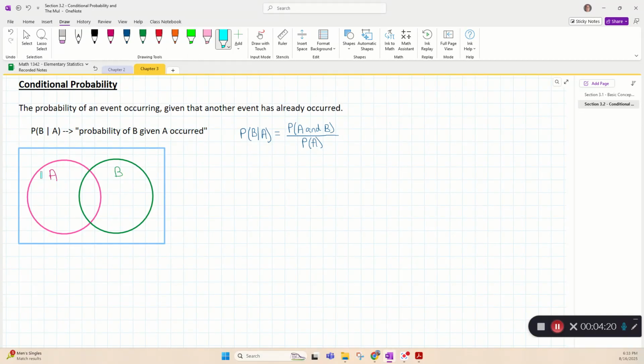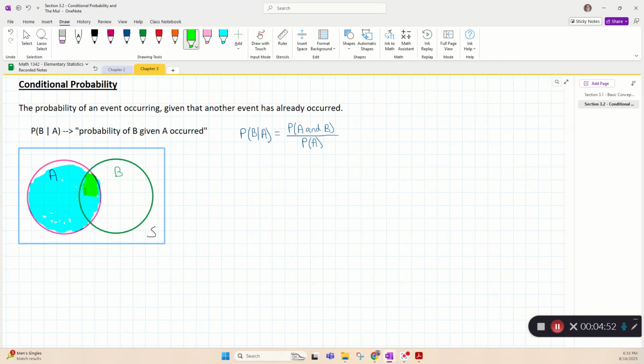I already know that A has occurred. So I'm going to shade in all of A right here. I know A occurred. So now my sample space, if you will, has shrunk. Instead of being S, the whole rectangle, now it's just A. The probability that B given A occurs is this intersection right here.